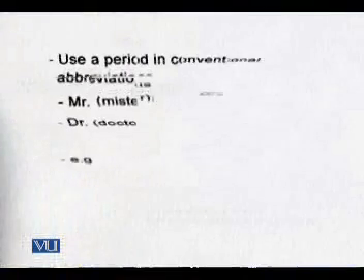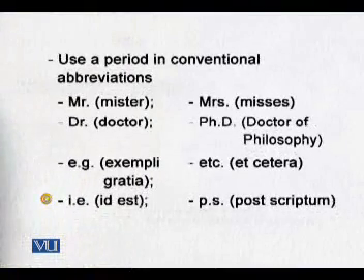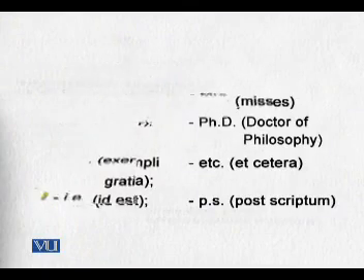The same is a common error with i.e., where people give a full stop only after ie, or do not give any full stop with ie. As I told you, these abbreviations have to go with full stops, periods. Then P.S., postscriptum, of course, is an abbreviation. You have to go with full stops.